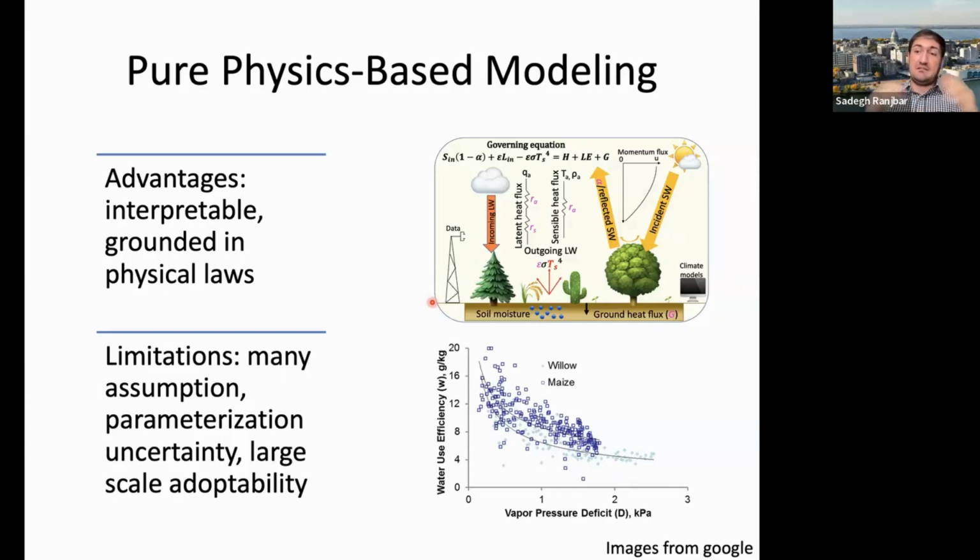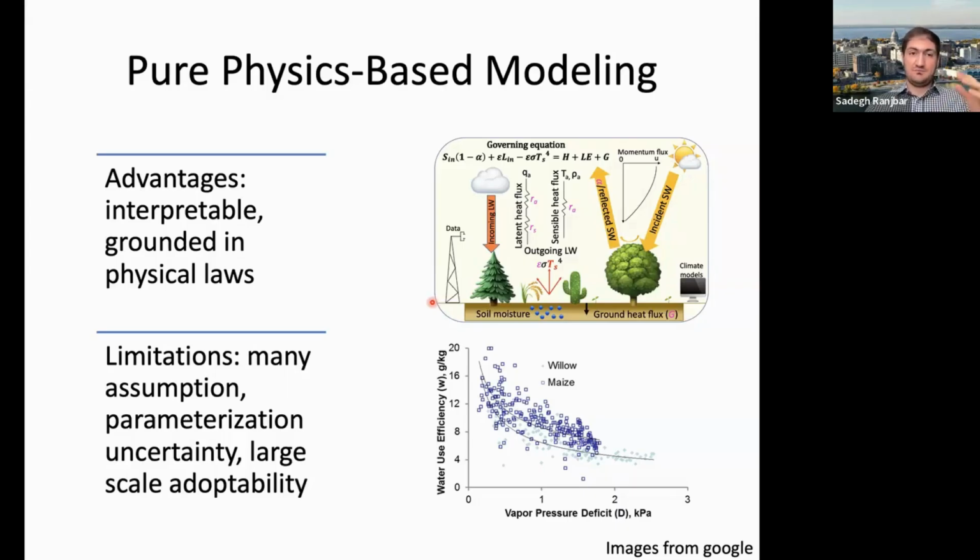These models are very huge and need lots of parameterization and modification to get applied on land, and they are not easy to upscale or use for continental scale works. And they have lots of uncertainties, and they are not very good at large scale adaptability.